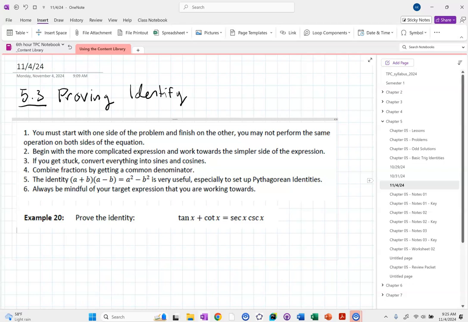All right. So the first thing I want to do is identify which is the more complicated side. Now, in terms of these types of problems, if I look at the left-hand side, I see two terms because I have two things being added together, right? On the right-hand side, I see one term.